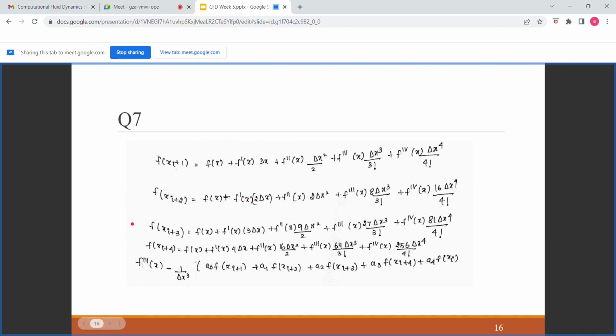In a similar fashion, we are writing it for f of x i plus 3, that is f of x plus 3 delta x.